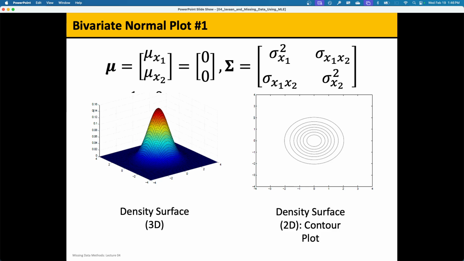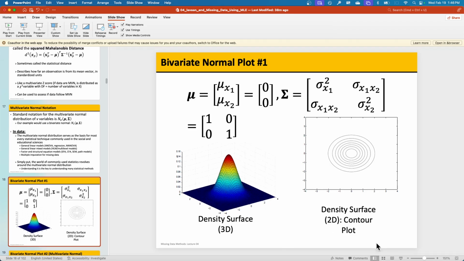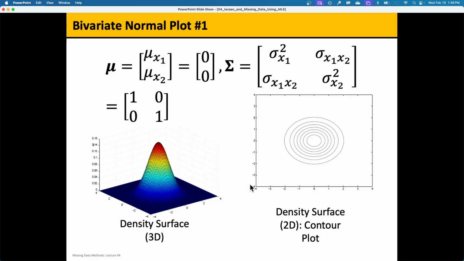Okay. How about we look at a plot? Of course, my notation is not hidden here, but this is plotting the multivariate normal distribution. Let's imagine this is x1 on this axis, x2 on that other axis, and this is the result of the distribution, the PDF, the relative likelihood.